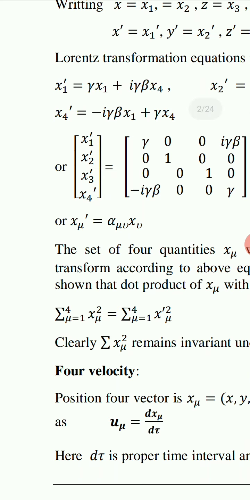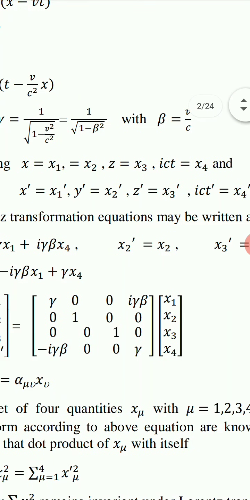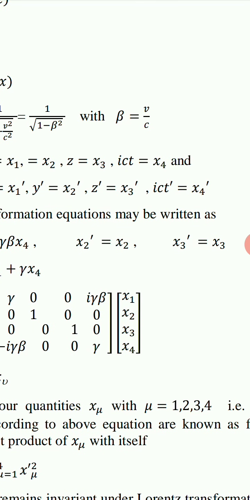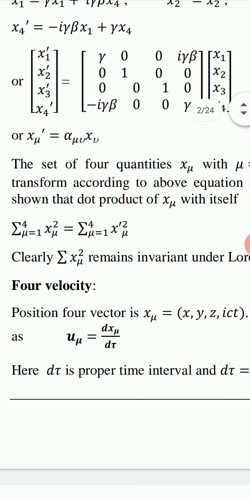Put the values of x1 dash, x2 dash, x3 dash and x4 dash from these equations as x1 dash equal to x dash, x2 dash equal to y dash, x3 dash equal to z dash and x4 dash equal to ict dash. Then we can prove summation x mu square equal to summation x mu dash square.